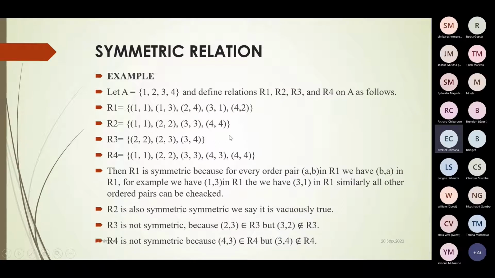This is an example which says: let A be a set equal to {1, 2, 3, 4}, and define relations R1, R2, R3, and R4 on A as follows. R1 has these subsets, R2 is equal to this, R3 is equal to this, and R4 is equal to this.